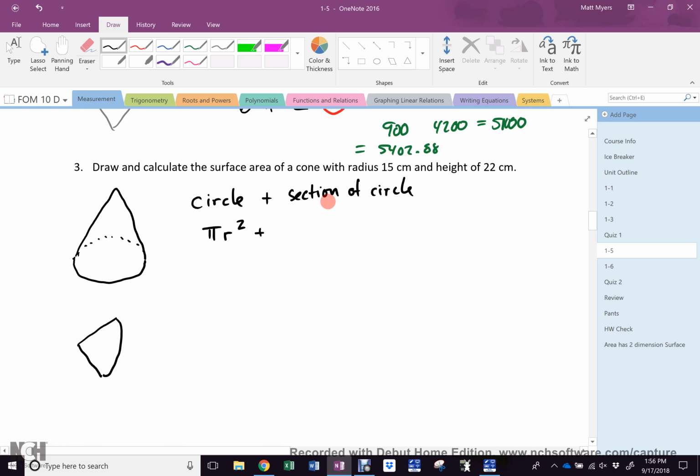I must need, not diameter, I must need a radius. What else must I have? I must have pi, mustn't I? Because it's a circle I'm dealing with. So I'm dealing with pi, I'm dealing with radius. But it's not radius squared.